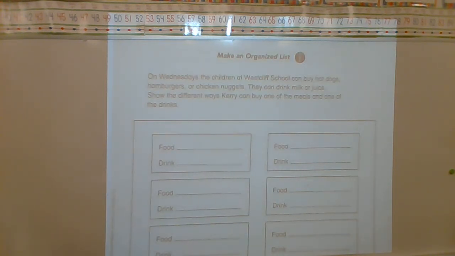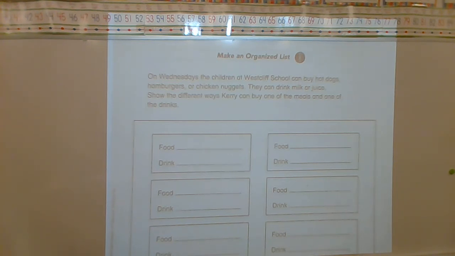All right. On Wednesdays, the children at West Cliff School can buy hot dogs, hamburgers, or chicken nuggets. They can drink milk or juice. Show the different ways Carrie can buy one of the meals and one of the drinks.